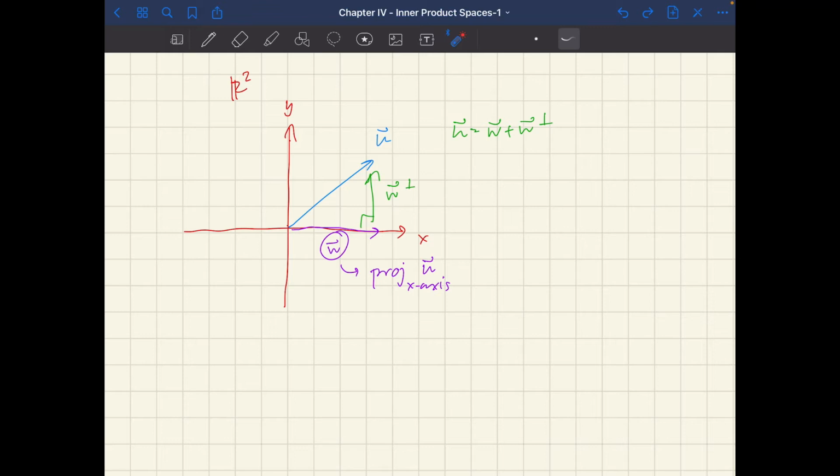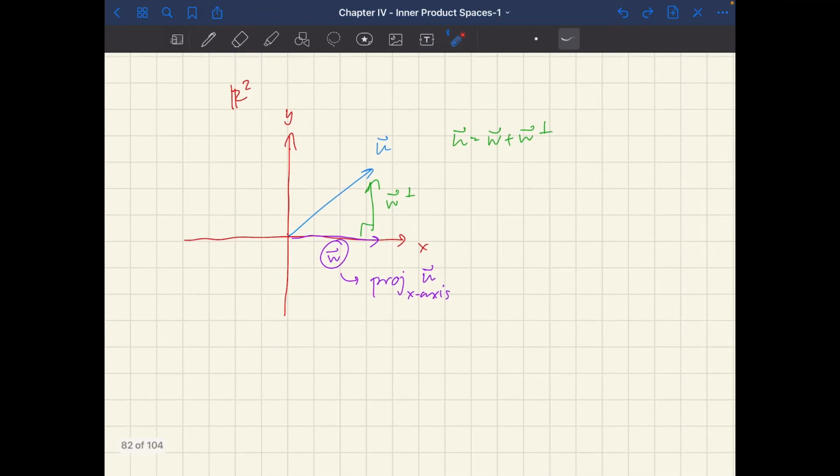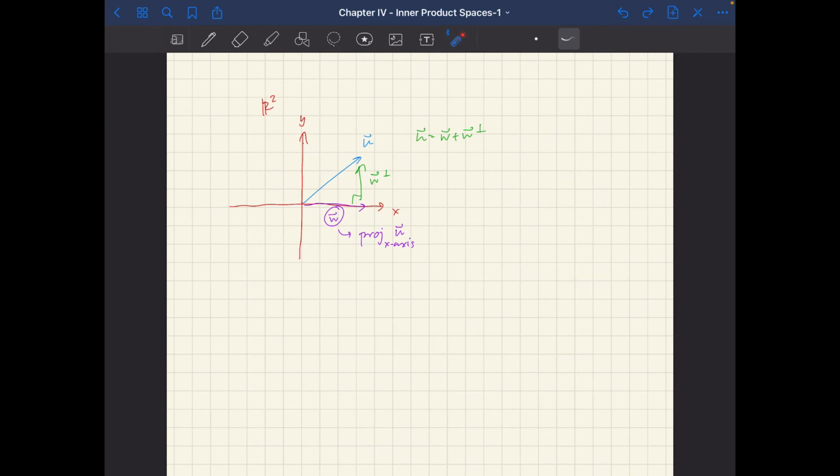So our question is, if we move to every vector space, can every element u in that space be expressed as the sum of w plus w perp, where w is an element in some vector space, and w perp is an element in the orthogonal complement of w, or not? Okay, so the answer is yes, you can do that.